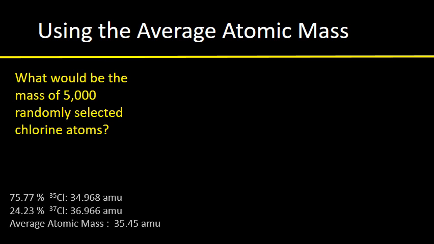Again, we remind ourselves of the data we calculated before. We want to select 5,000 atoms at random. We know some of them will have a mass of 35 and some will have a mass of 37. How many of them are going to have a mass of 35 AMU?